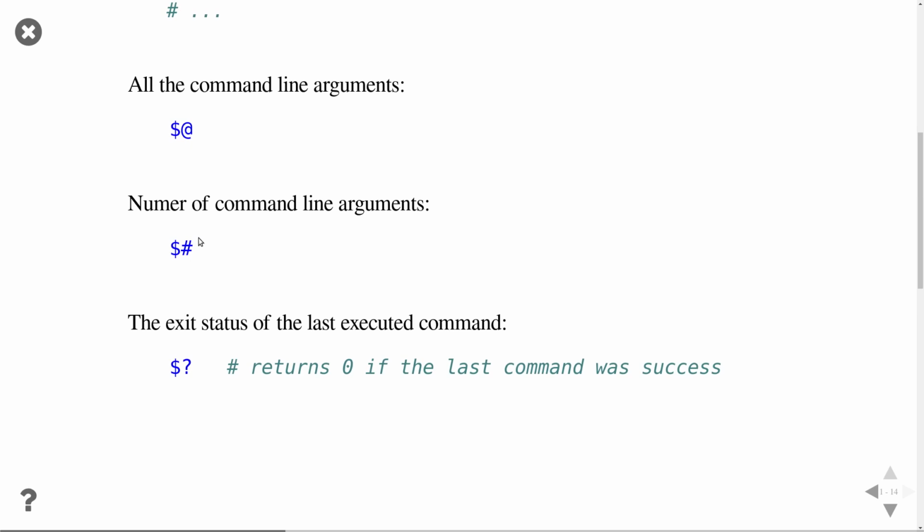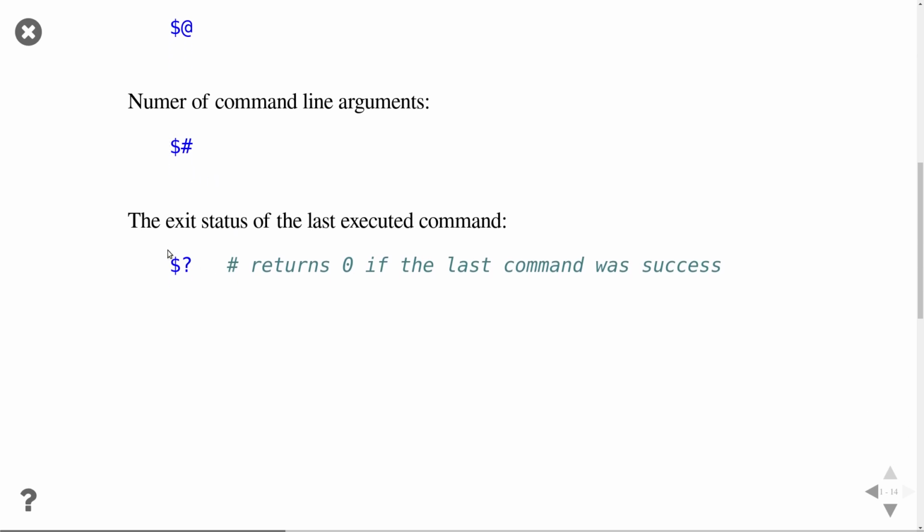And then you can also check for the number of command line arguments that the user provided. And then the final one is $?, which contains the status of the last executed command. So when you're running something in a bash script and you want to check if that command was successful or not, you can evaluate this $? variable.